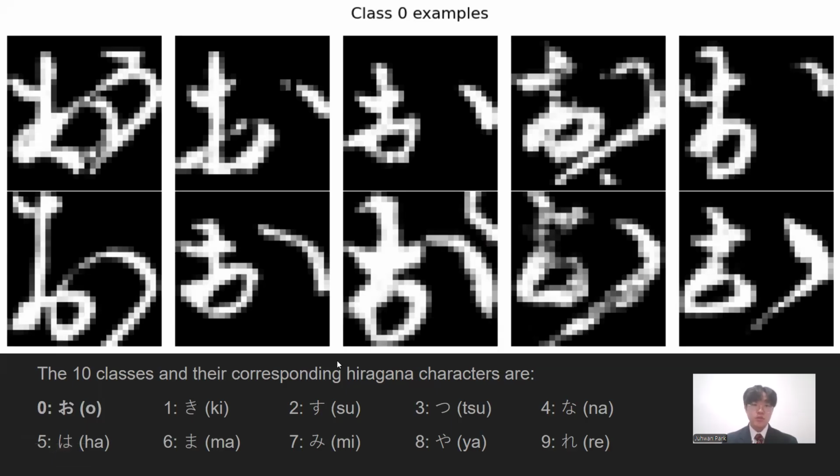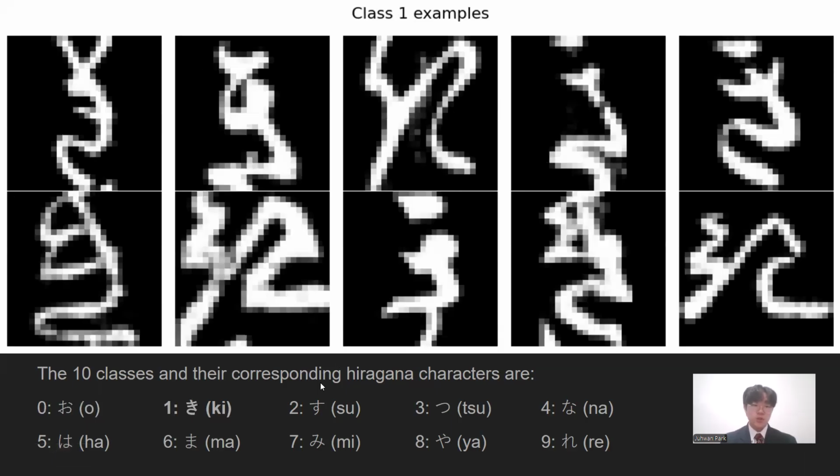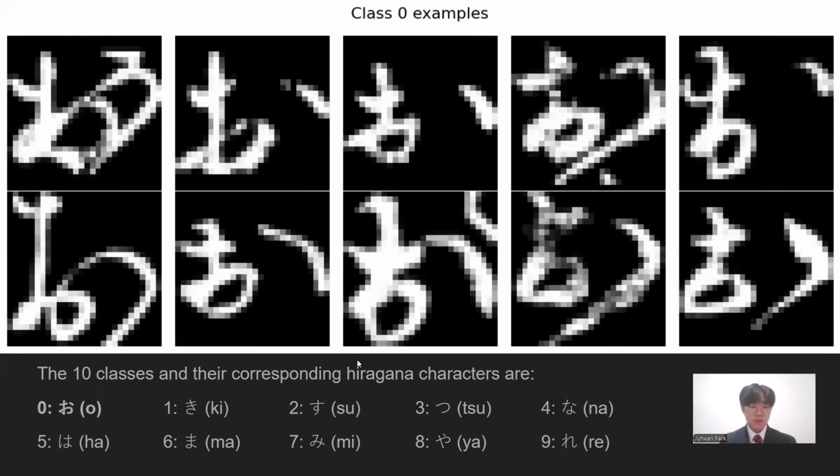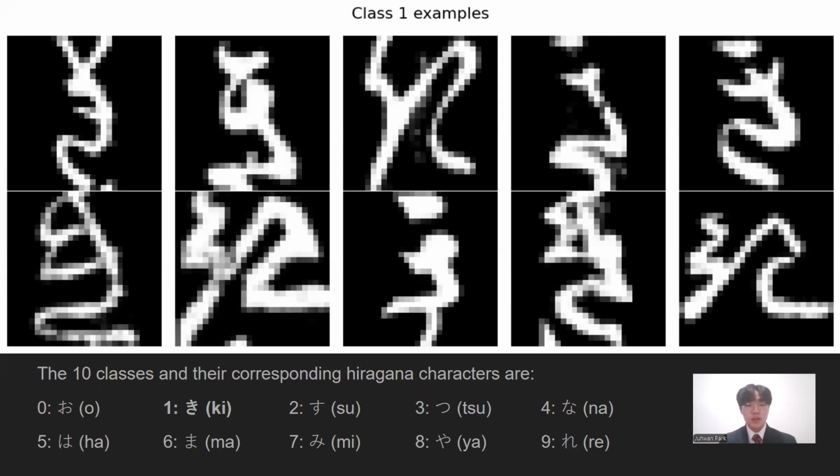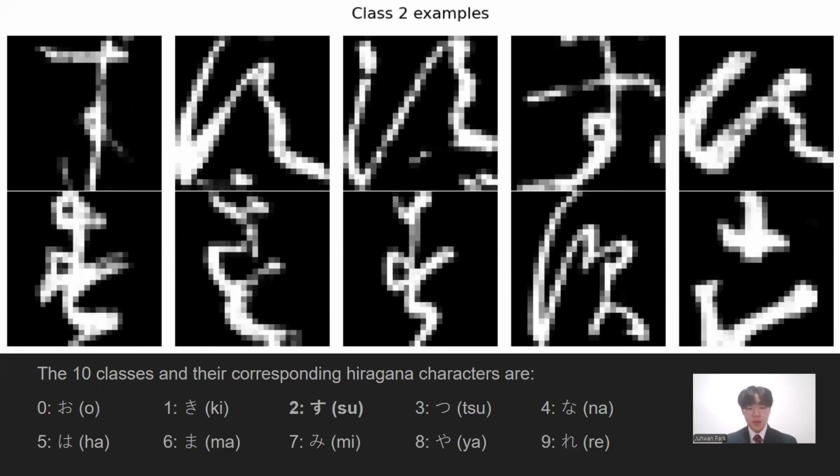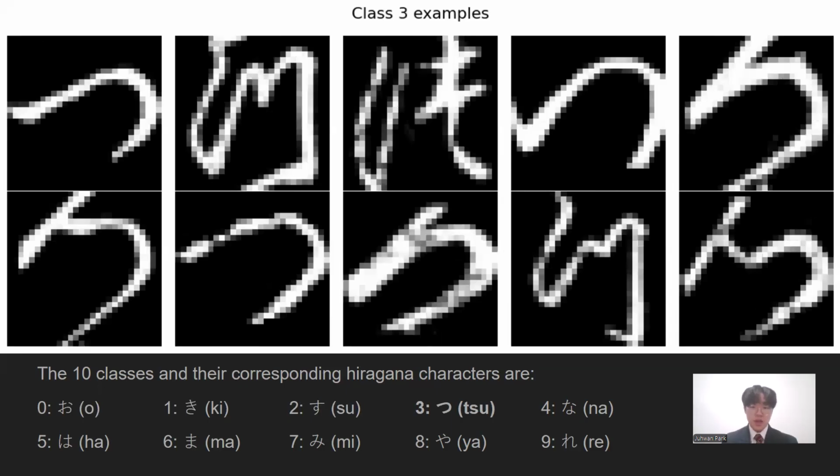To go deeper into each example, I printed out 10 examples each for each class. Yeah, some of them do look different. Class 0, they look consistent. Class 1, there are similarities and differences. Class 2, and so on.